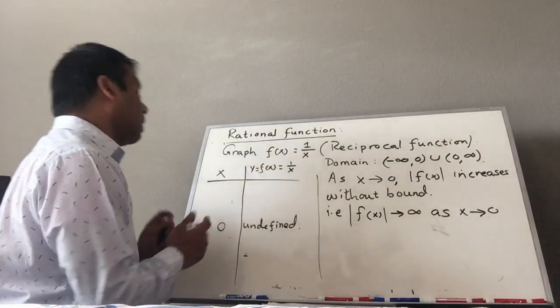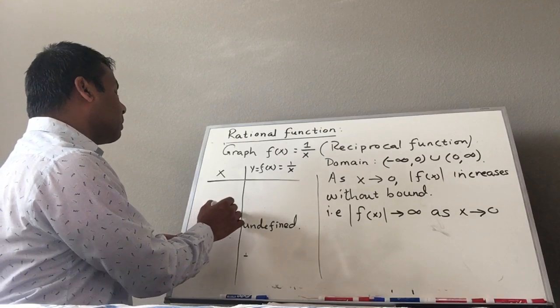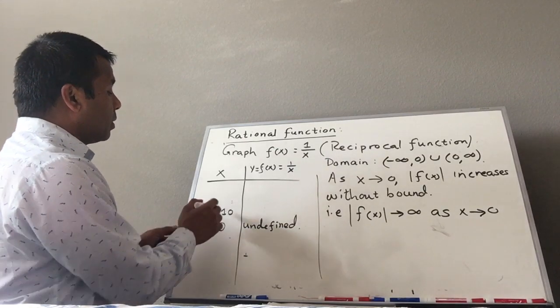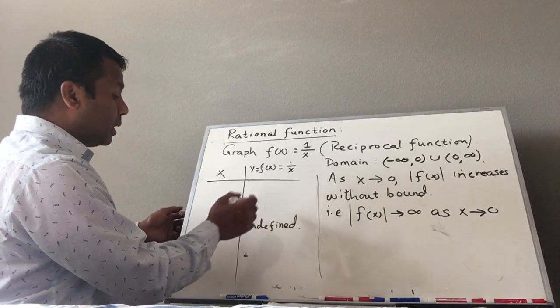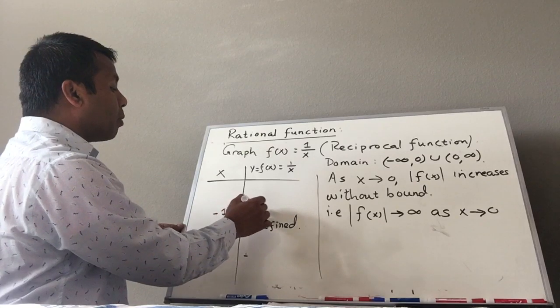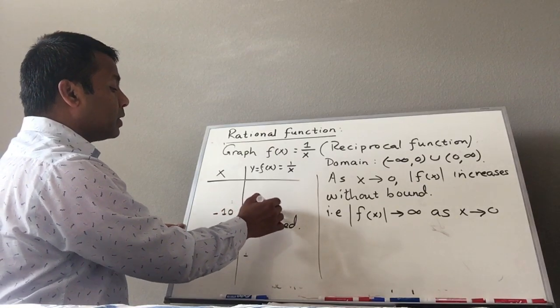If I have negative 10 here, then f(negative 10) will be negative 1 over 10, which is negative 0.1.